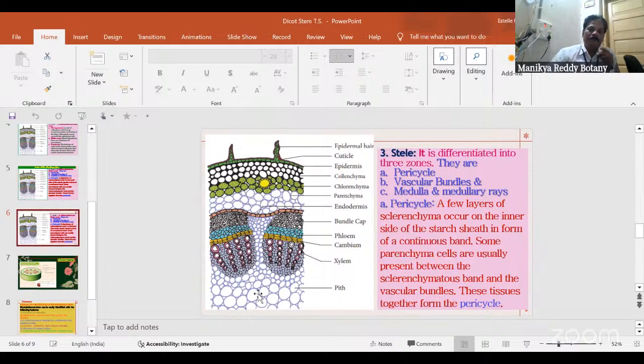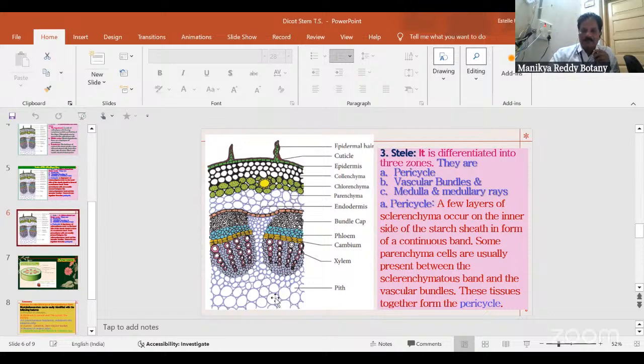Sometimes in some plants, this is hollow. Because of the disintegration of pith, a hollow space can be seen, like in water plants. A central empty space can be seen.